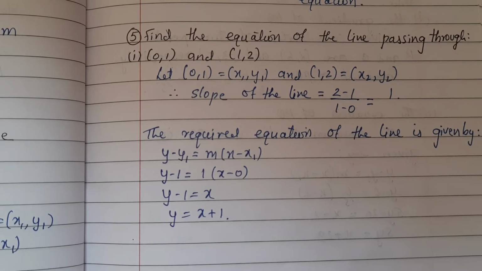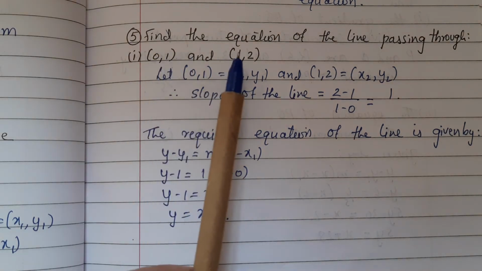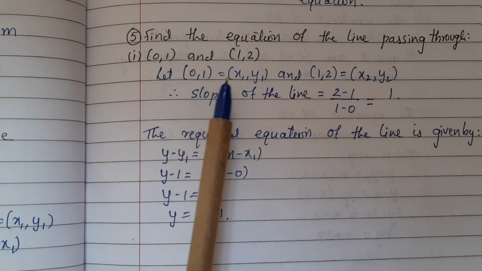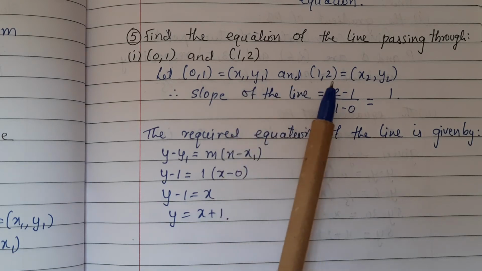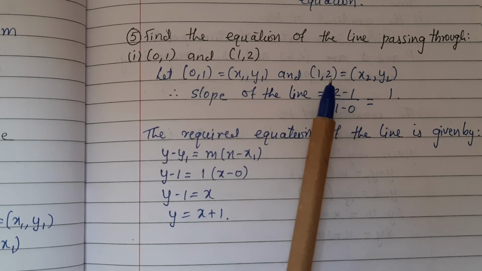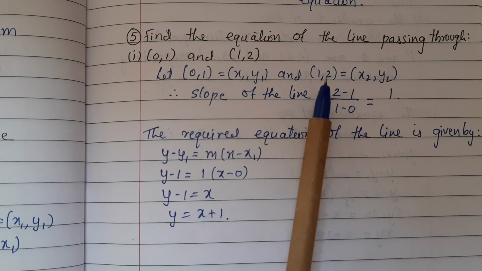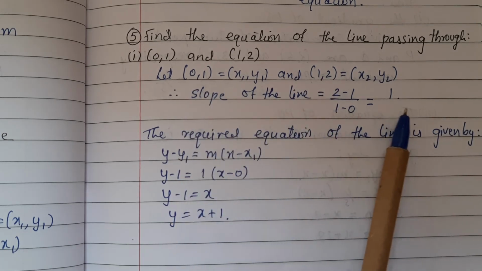Sum number 5. Find the equation of the line passing through the first part points (0, 1) and (1, 2). Let (0, 1) be (x1, y1) and (1, 2) be (x2, y2). Therefore, the slope of the line is (y2 minus y1) upon (x2 minus x1), which is (2 minus 1) upon (1 minus 0) equal to 1.